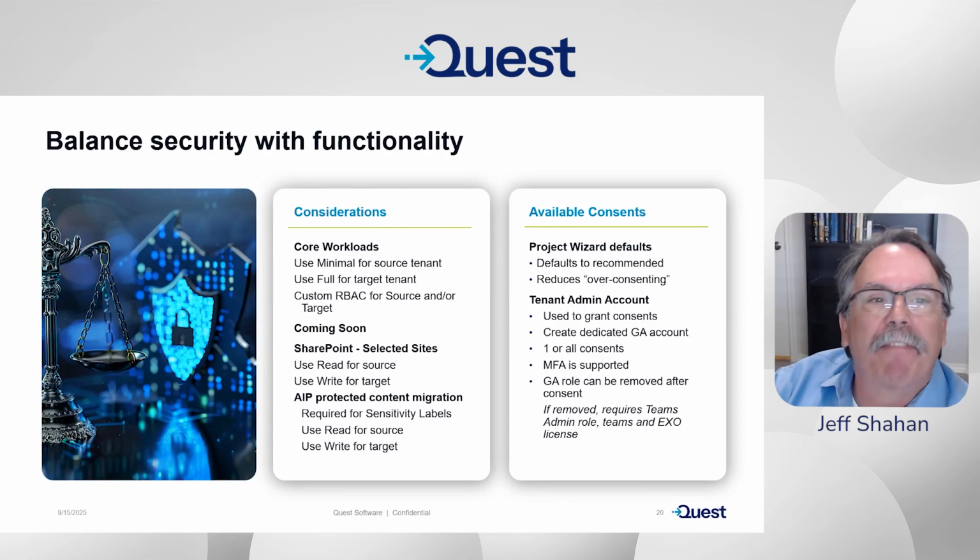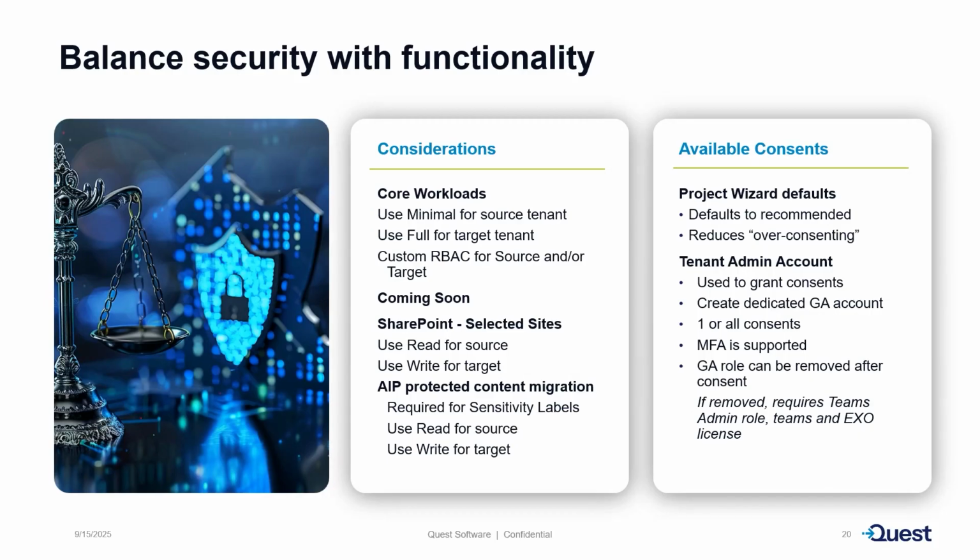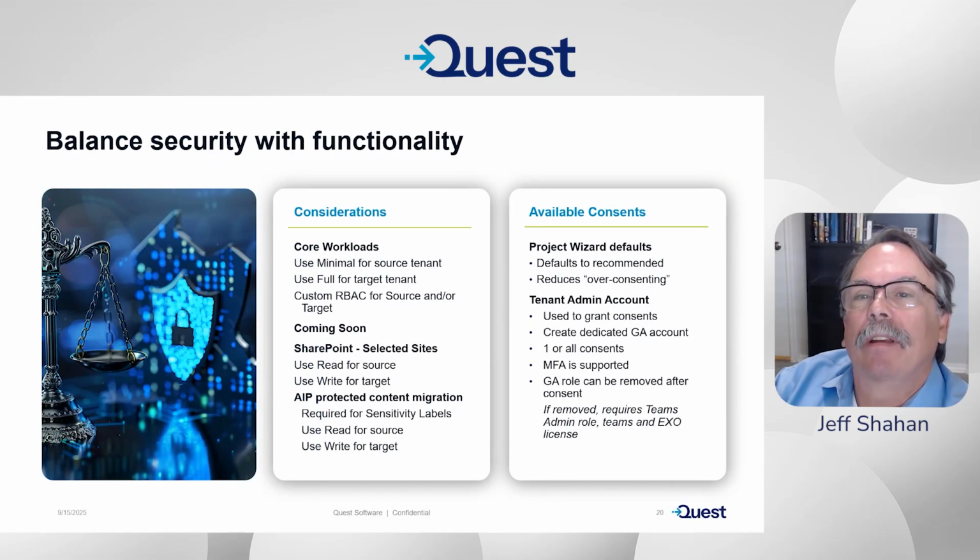They'd already have to have mailboxes. So it would be extremely limiting and not very convenient. We can leverage custom RBAC for source or the target. Again, if you're leveraging it for a target, that means the mailboxes have to exist in order for them to fall within the scope of a native Exchange RBAC role.